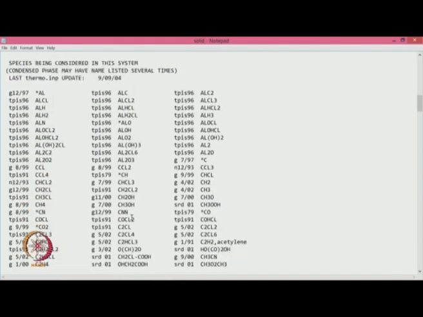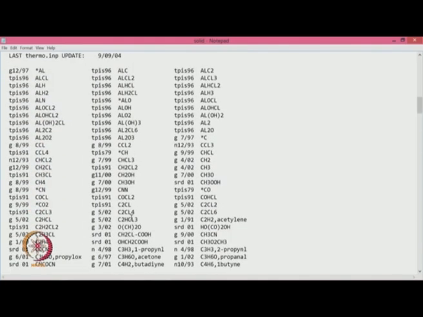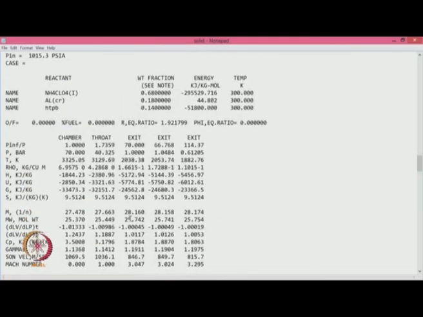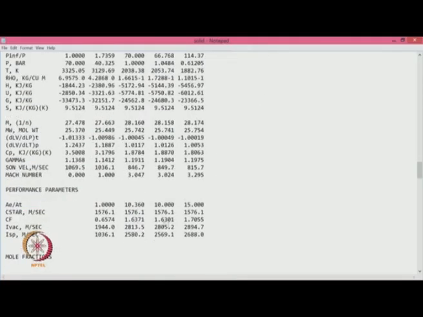So, now if we look at what happens, at 70 atmospheres the temperature is very high, but because the molecular weight is also quite high, you end up getting an ISP of around 257 seconds. This is with equilibrium calculations.